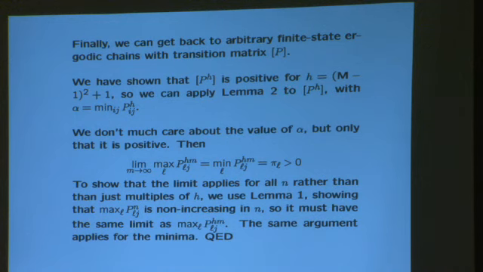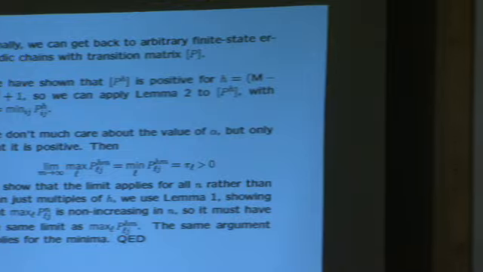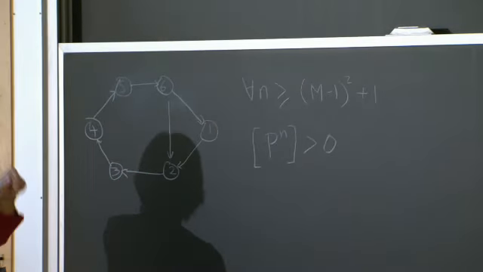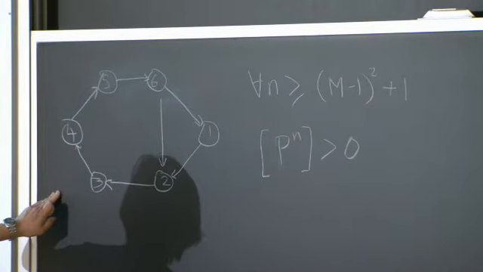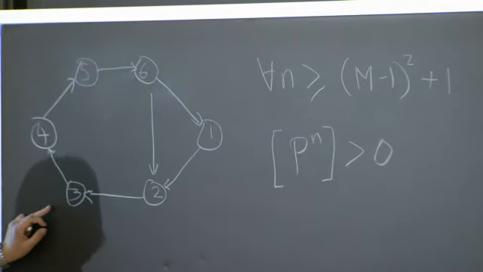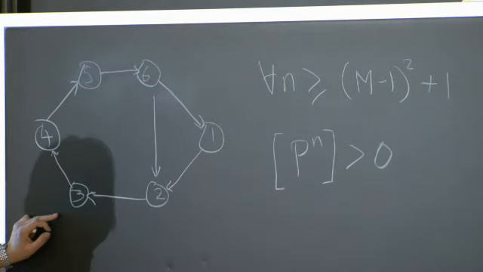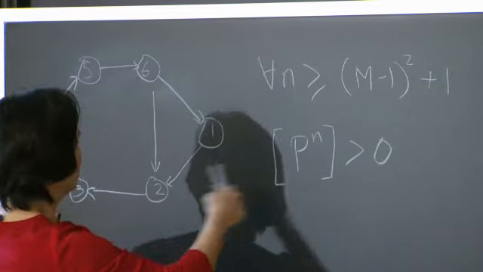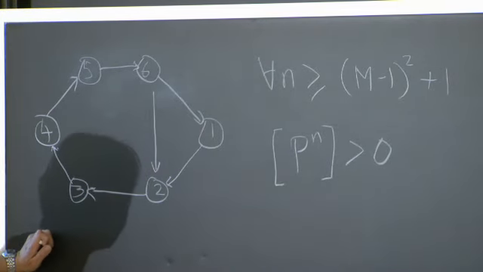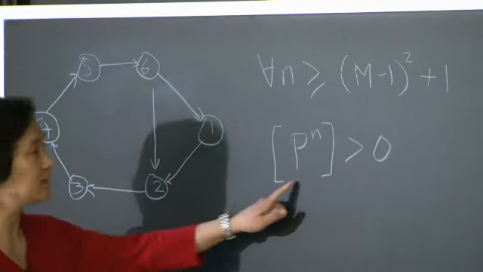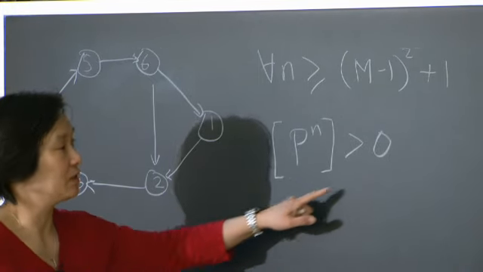In the last lecture, this was an example given: a 6-state Markov chain. What it says is that if n is greater than or equal to (n-1)^2 + 1, in this case 26, then P to the 26th power is greater than 0.